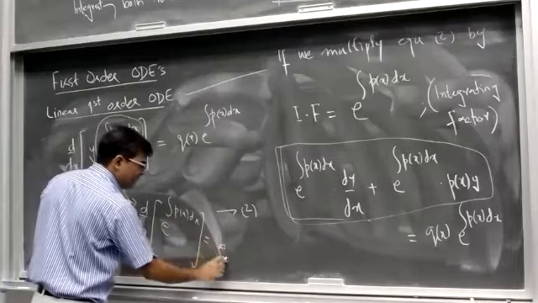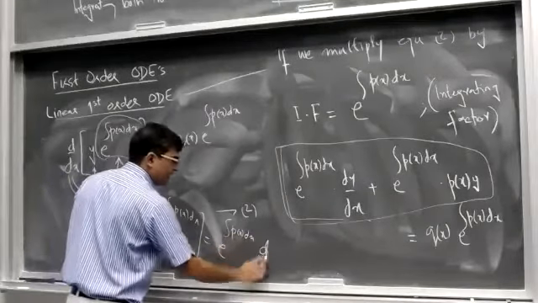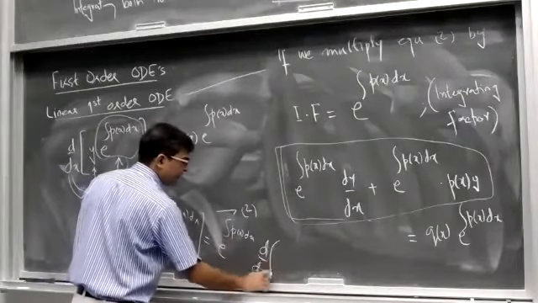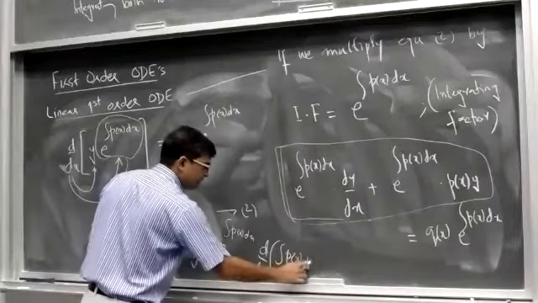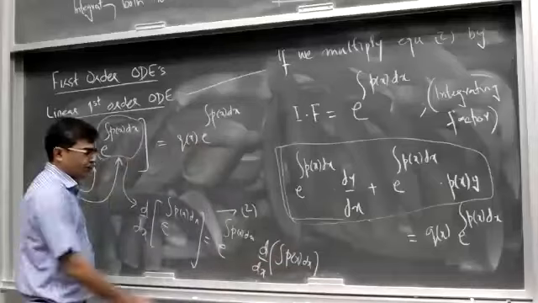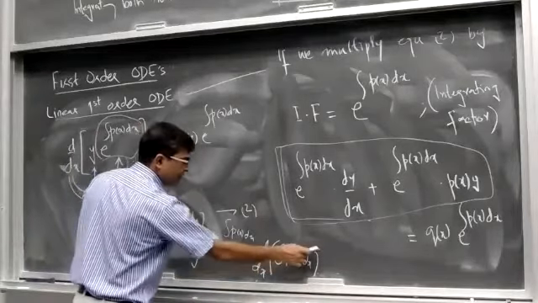It is e to the power integral p of x dx times the derivative of the power function, which is integral p of x dx. Okay. Now the derivative and integral cancel out each other. We get only p of x here. Okay. This gives us only p of x.